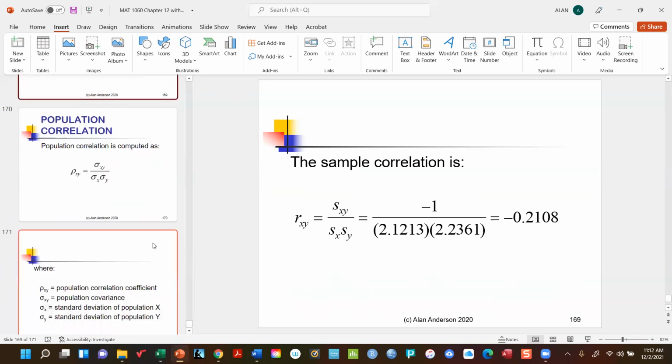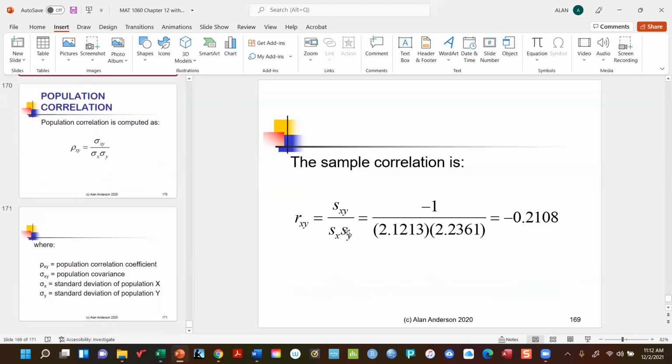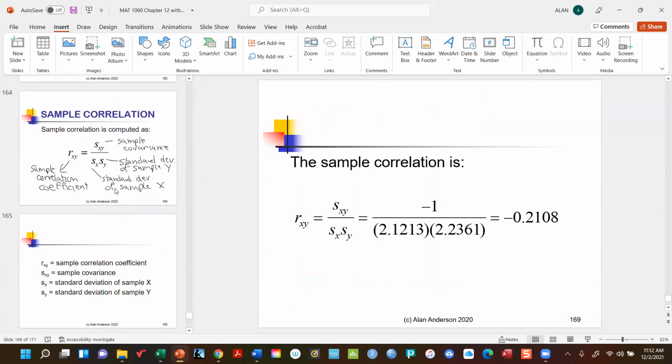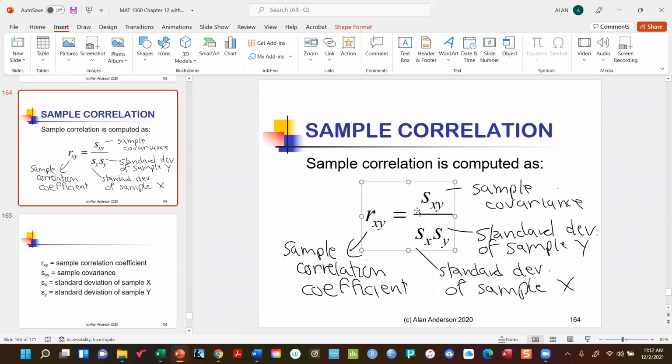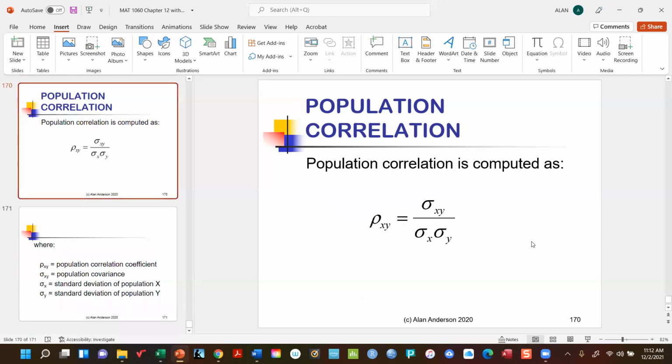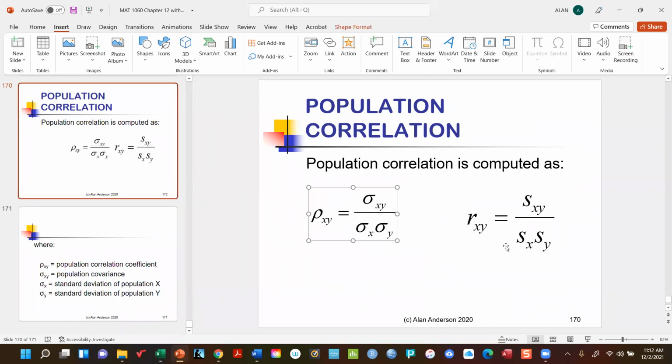All right, and then there's just one last thing to consider. That would be the equivalent version for a population. So as you can probably guess, we're going to replace these Roman letters with Greek letters. In fact, let me copy this so you can see them side by side. And you'll see that really, the only thing that's changed here is that we've introduced one more Greek letter, which we haven't seen before.